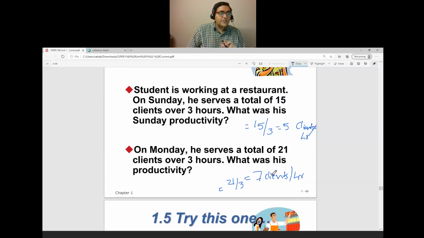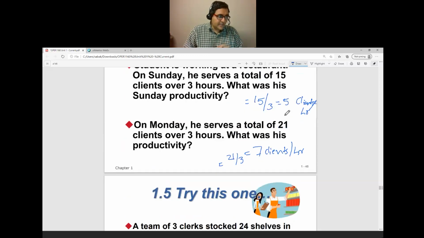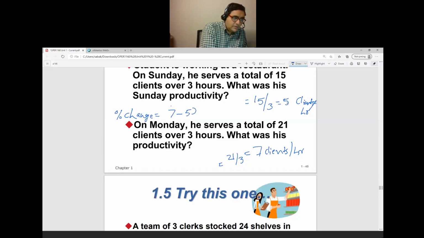So his 5 clients per hour is his productivity. But on Monday, he is able to serve 21 clients in 3 hours. So his Monday's productivity is 21 divided by 3, which is 7 clients per hour. So his productivity has increased from 5 clients per hour to 7 clients per hour.